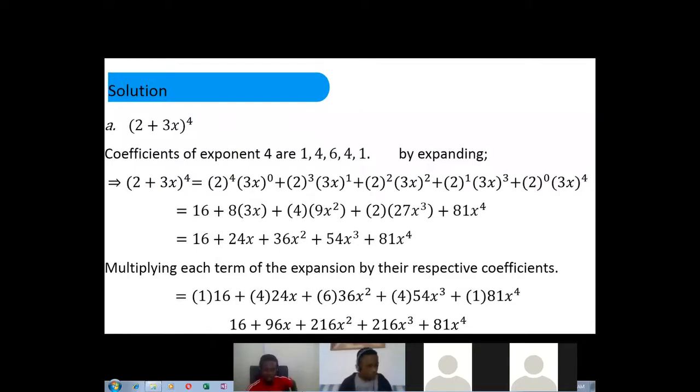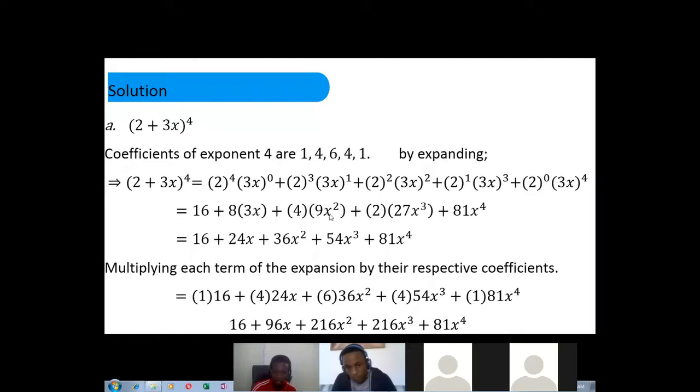Okay, let's continue. 2 exponent 3 will give us 8 times 3x. Then 2 exponent 2 will give us 4, times 9x squared. Please be mindful that in the bracket, the exponent is affecting both the x and the 3.